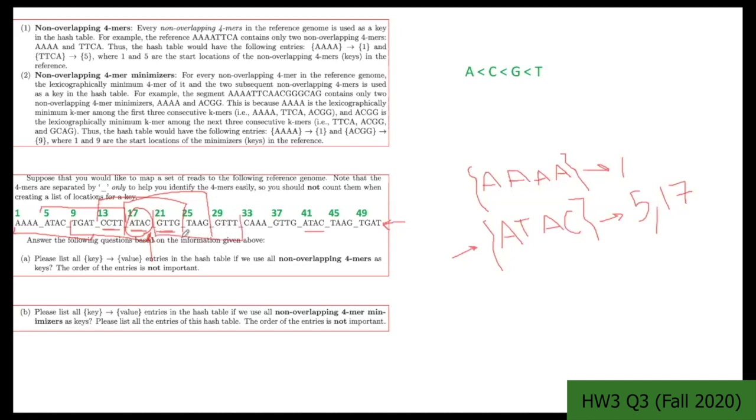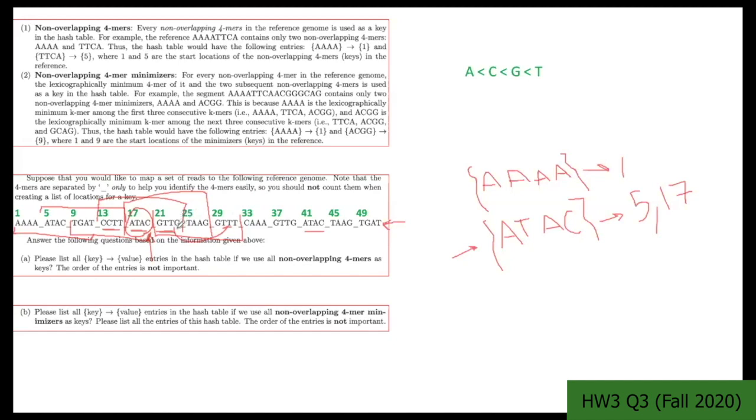Now we have the first k-mer starting with G, the second one starts with T, the third one starts with G. So which one is the minimum? The lexicographically minimum would be the one starting with G, but we have two of them. Which one to pick? So we look at the second character. Both of them are T, so we cannot decide. We look at the third character, both of them T, we cannot decide.